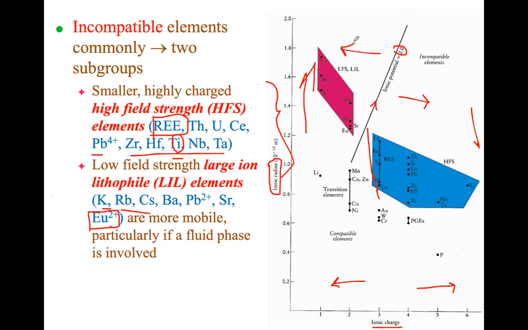Anyway, these are incompatible elements, so more preference is there for liquid phases, right? So these properties are very important. Therefore, you have to always keep in mind their properties, I mean, the relative differences.